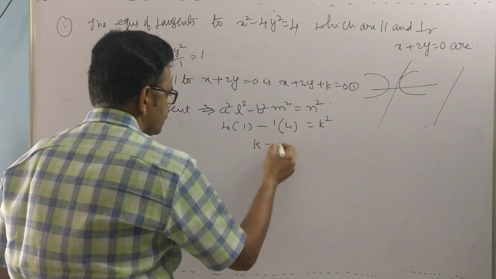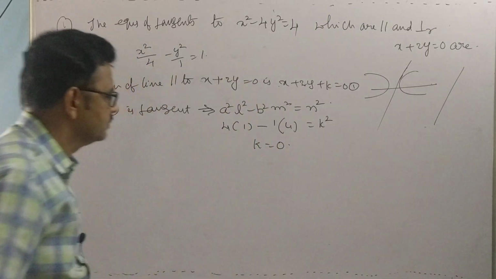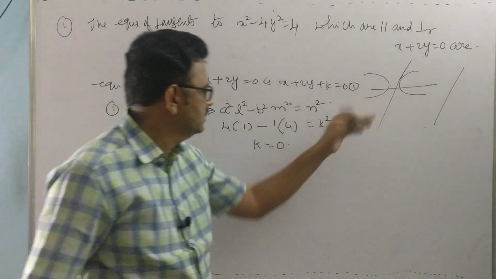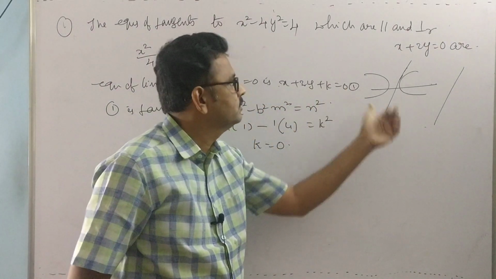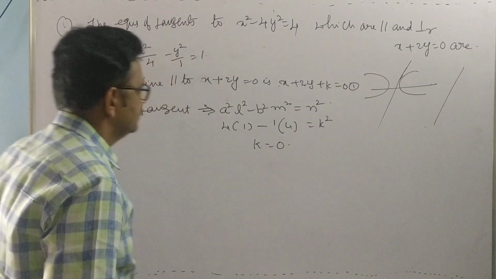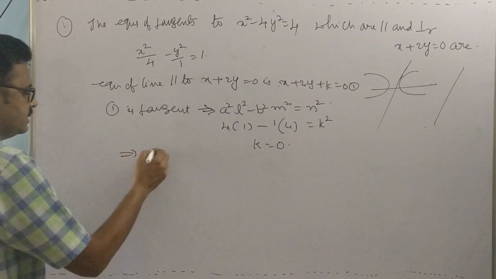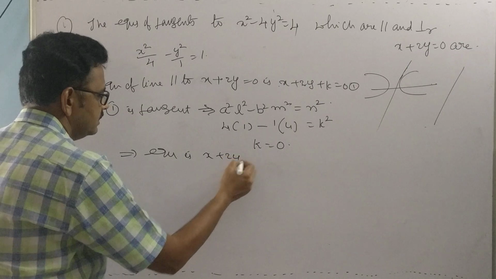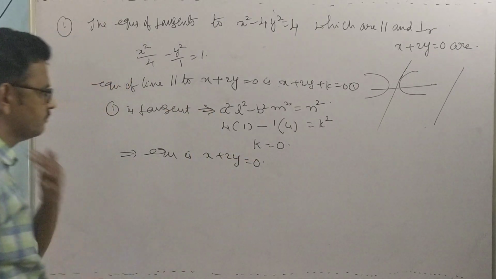So k equal to 0. So the equation of tangent parallel to x plus 2y equal to 0 is that itself only. Implies equation is x plus 2y equal to 0.